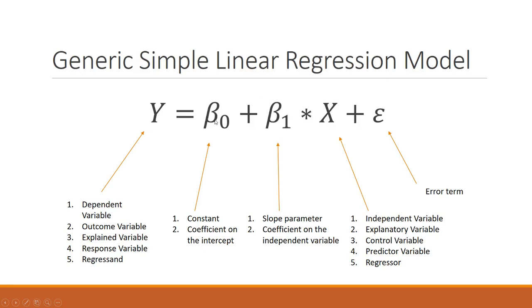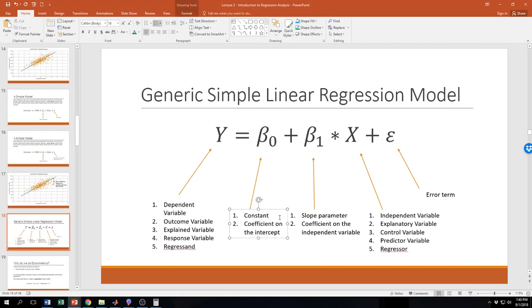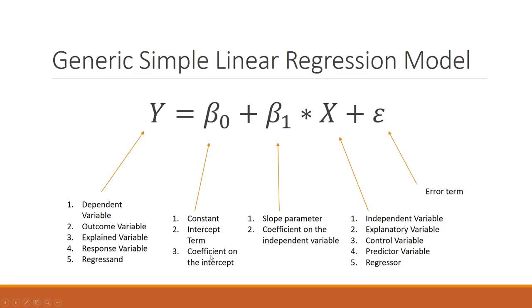Beta 0, or beta naught as it's sometimes called, is called the constant, or an intercept term. Or you might call it the coefficient on the intercept.